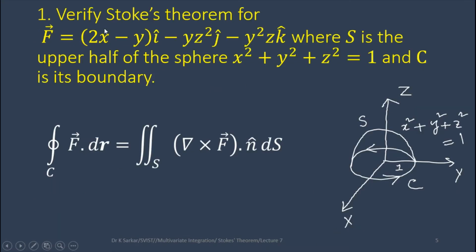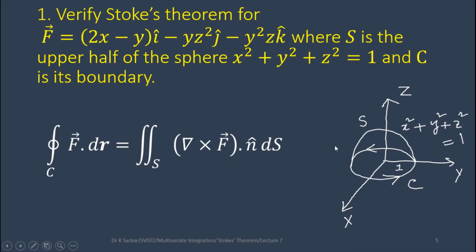Here is a question. Verify Stokes theorem for f equals (2x minus y) i minus y z squared j minus y squared z k, where S is the upper half of the sphere x squared plus y squared plus z squared equals 1 and C is its boundary.